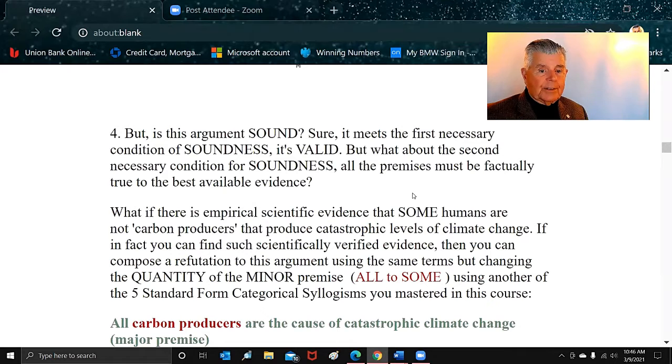Aha! But is this a sound argument? Can you think of a way in which this could be refuted? Well, it's a universal affirmative. All of the propositions are universal affirmatives.